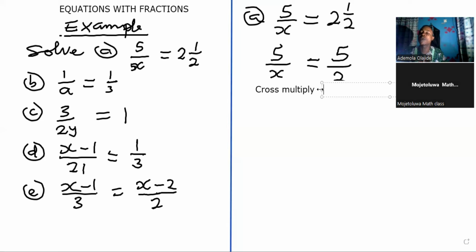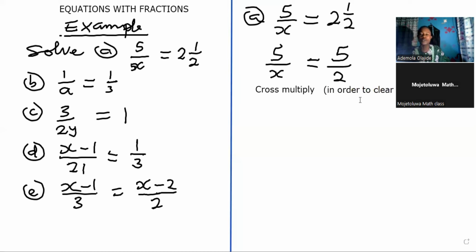I said the reason why we cross multiply is for us to be able to clear fraction. In order to clear fraction. That's the reason I put in parentheses. In order to clear fraction. So that's the reason. Anytime I ask you, that's what you will tell me.